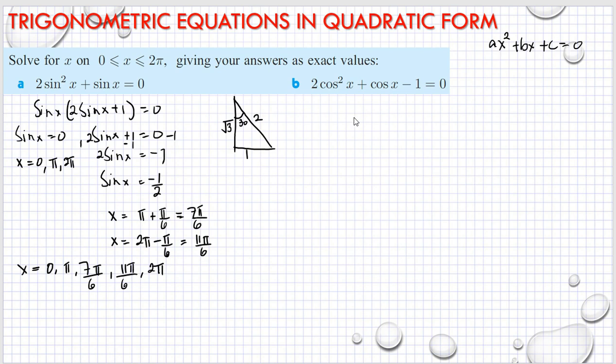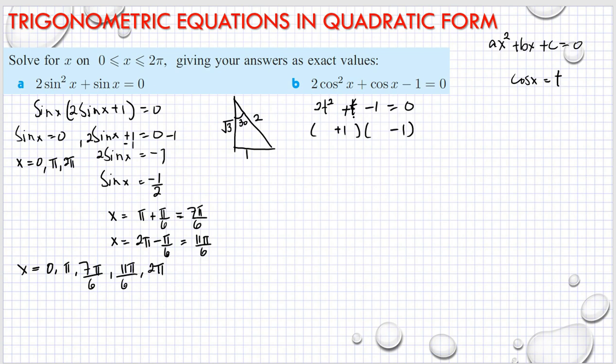How about this one? We have 2 cosine squared x plus cosine x minus 1. If we let cosine x equal to t, then we have 2t squared plus t minus 1 is equal to 0. If we factor that, we have plus 1 there and minus 1 there, because we have negative there.